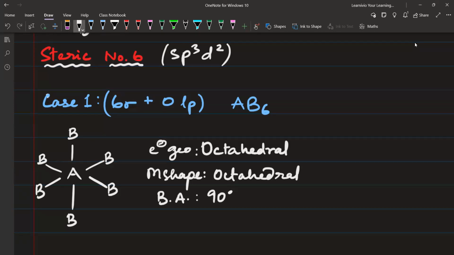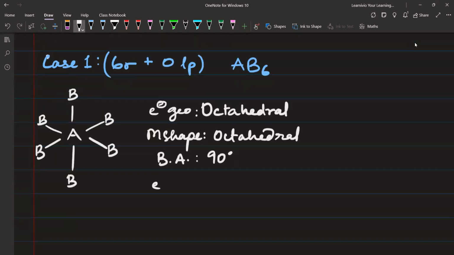Okay. Now we are going to take examples. One example will be simple: A is sulfur, which has 6 valence electrons, and B will be monovalent, so it will be SF6. We can have one more example in which we make one double bond.